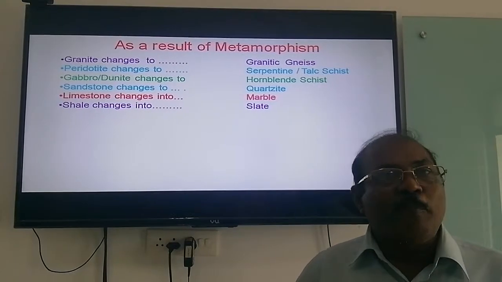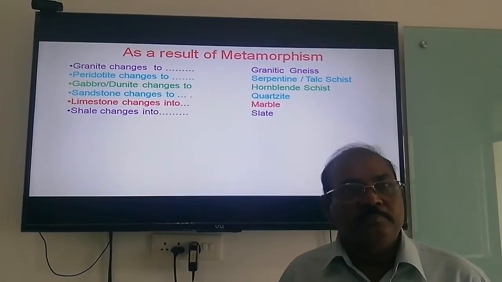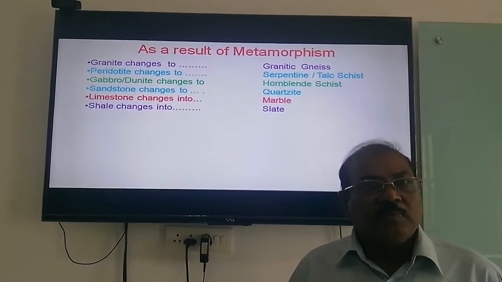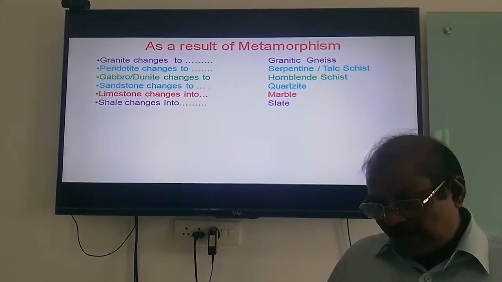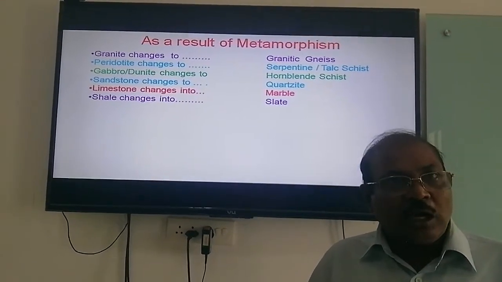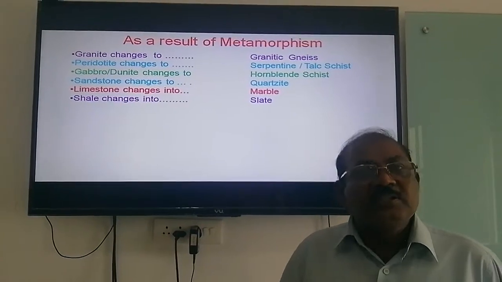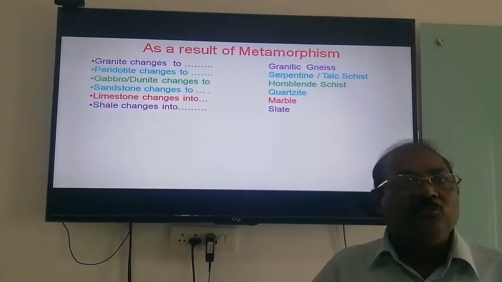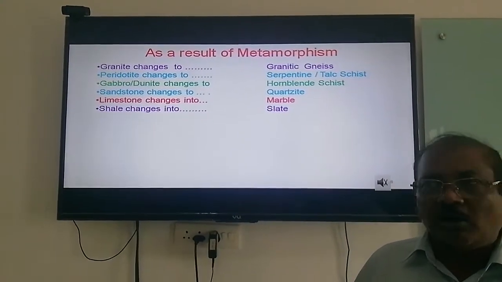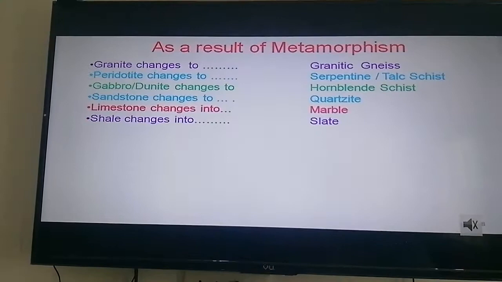As a result of metamorphism, when temperature, pressure and chemically active fluids act alone or together, the pre-existing rocks, maybe igneous rock or sedimentary rocks, convert into a metamorphic rock. If we see the table, granite is an igneous rock.